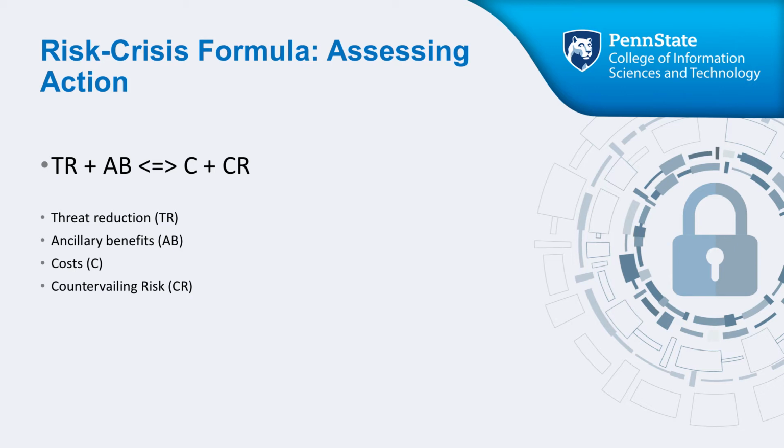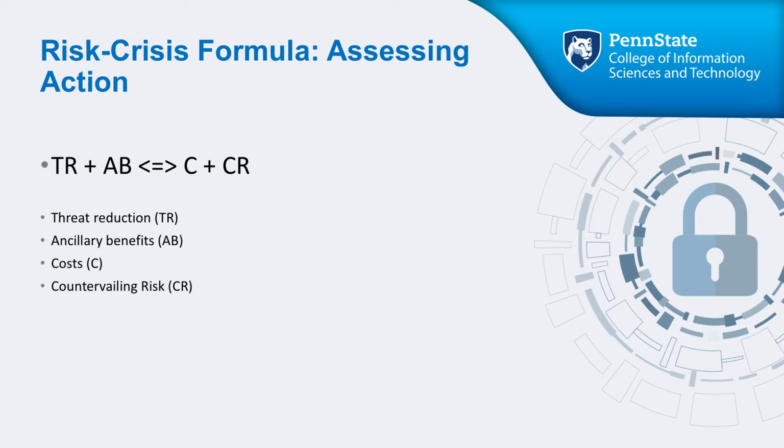On the other side of the equation, I mentioned cost earlier. Costs may be financial, such as the expense of installing a keypad access to the server room, but also can be less tangible things, such as the erosion of organizational unity, or significantly more valuable, such as the estimate of casualties in using military force to resolve an issue.